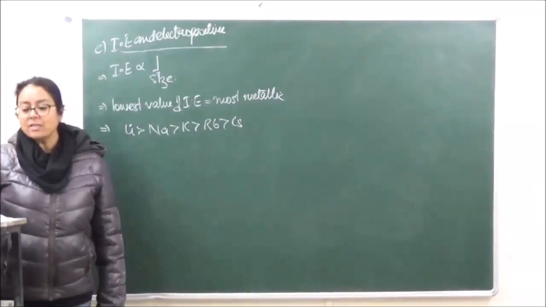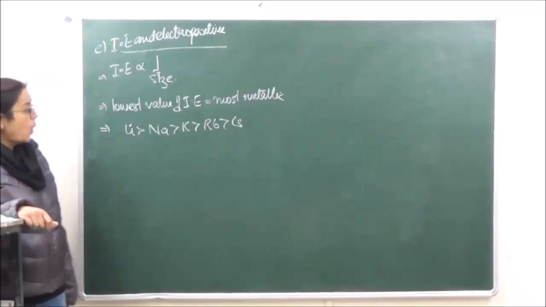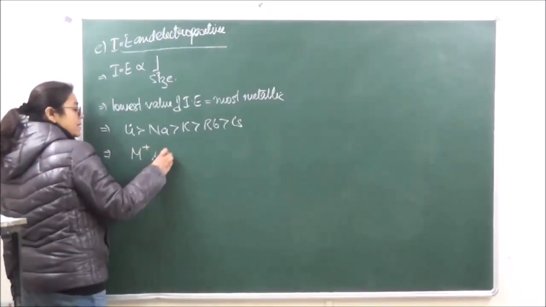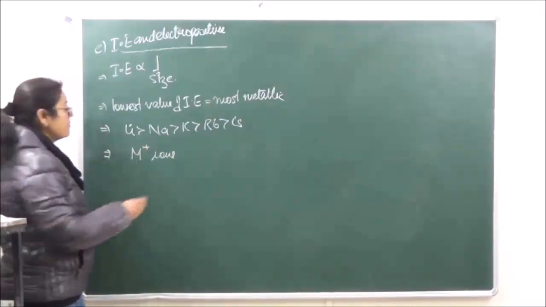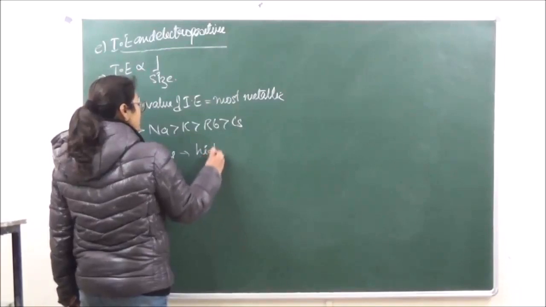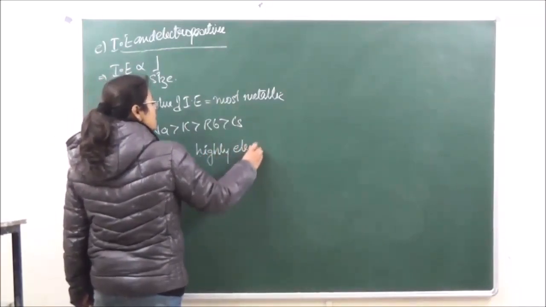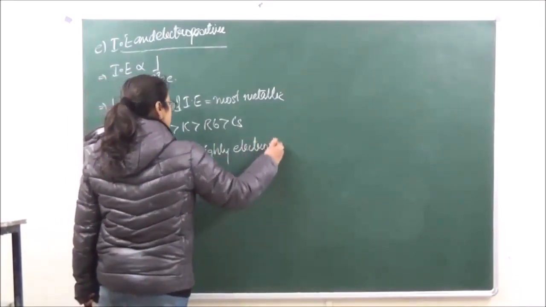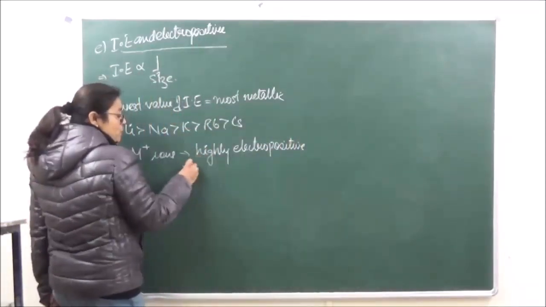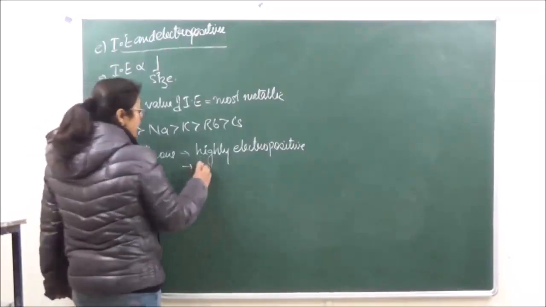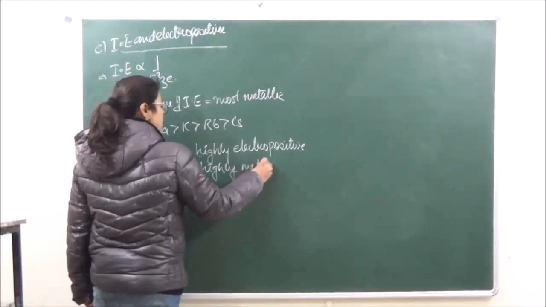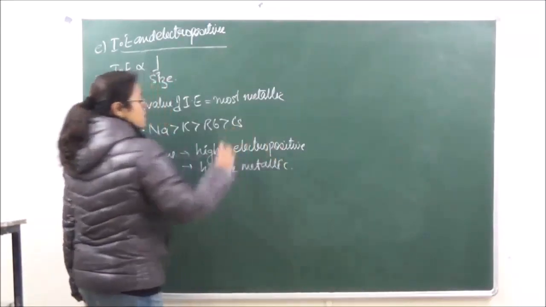Ionization energy being low, they can be easily converted to positive ions, as a result of which they are highly electropositive, and because of high electropositive character, they are highly metallic.